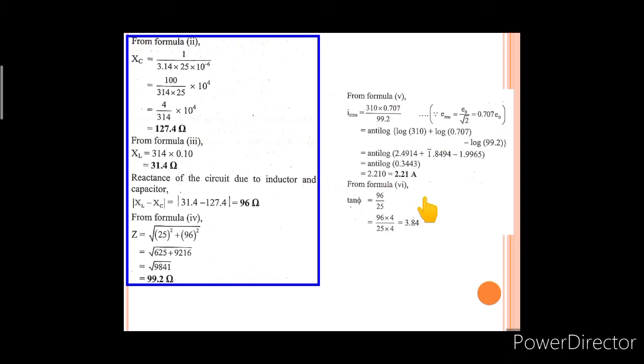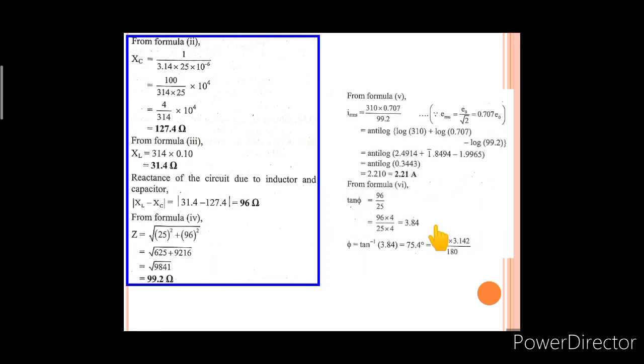Now let us multiply and divide by 4 to make our calculation simple. So when we are multiplying and dividing by 4 and solving it, we are getting the value of 96 upon 25 as 3.84. That means it is the value of tan phi, which is 3.84 there.